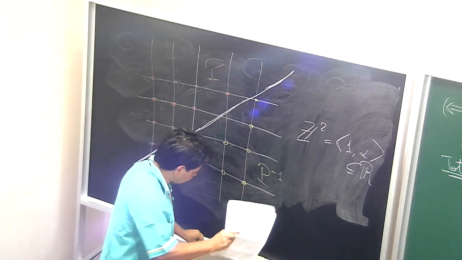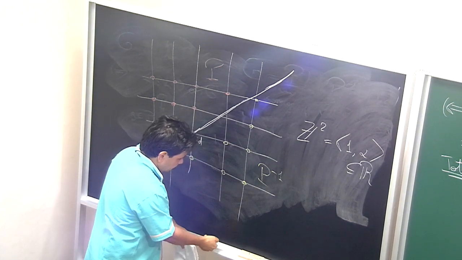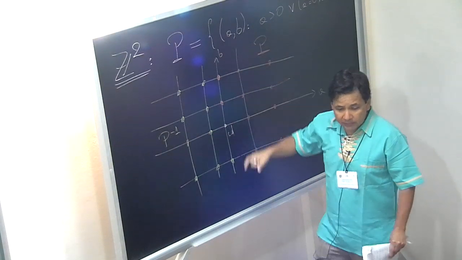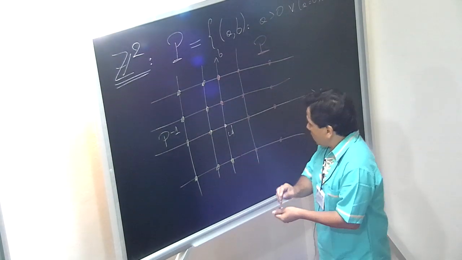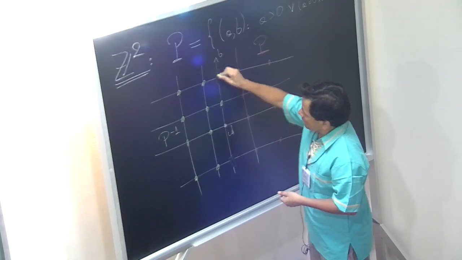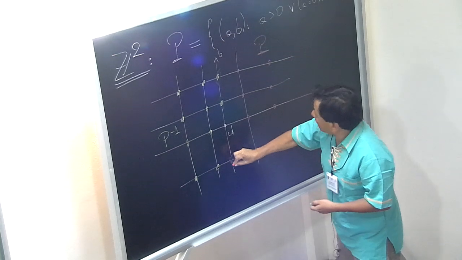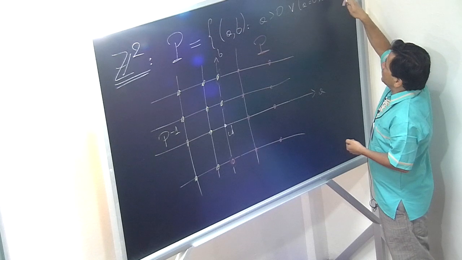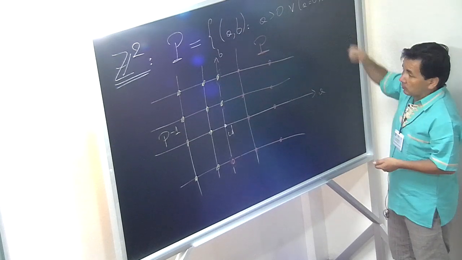For instance, in the lexicographic order I took, this is the critical line in this case, and I took this part of the line as being the positive one, but I could make it the other way. So I could consider this also as an order, just by declaring that the second condition is changed into A equal to 0 and B negative.